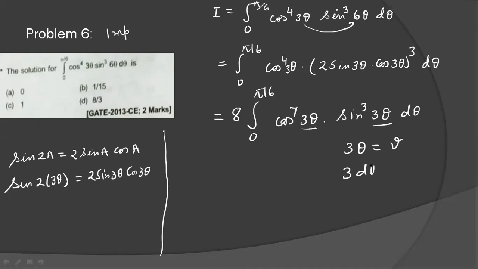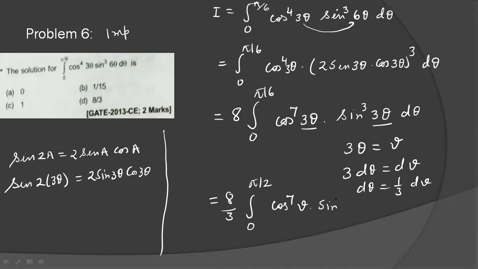So 3 d theta will be dv. It means d theta will be 1 upon 3 dv. So it will be 8 by 3. Change of limit is very important. When you substitute, always change the limit. 0 to pi by 2 cos to the power 7v into sine to the power 3v dv.